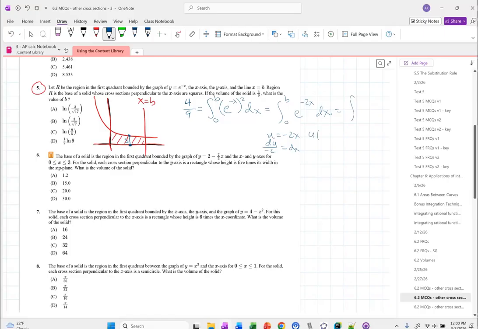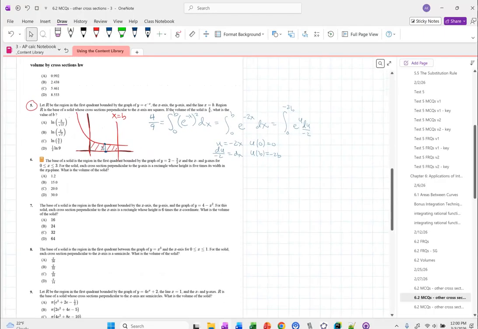And then I guess let's evaluate this. So I got that. Is everybody okay? Do my antiderivative. So the antiderivative of e to the u is just e to the u.